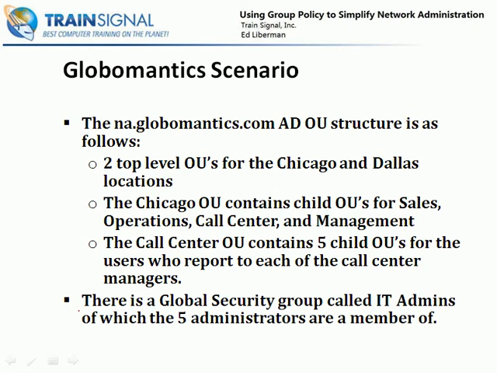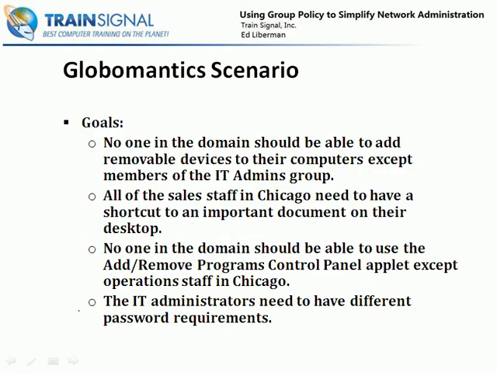Now there's also a global security group within this domain called IT admins, and of course the 5 IT administrators are members of the IT admins group. This I have also already created in my Active Directory infrastructure here, and you could do that as well on your end if you're trying to follow along. We'll take a look at that in just a few moments.